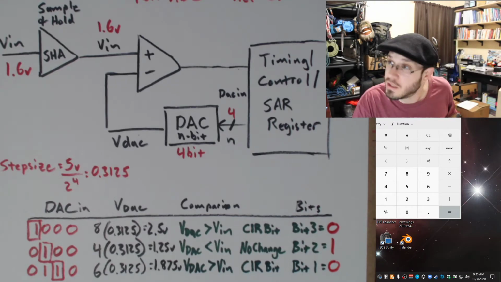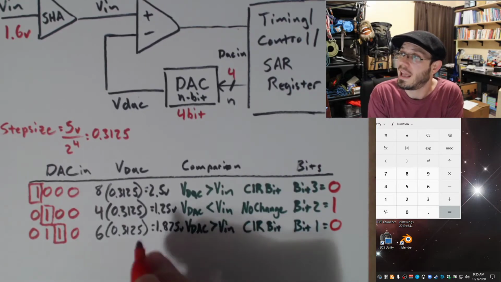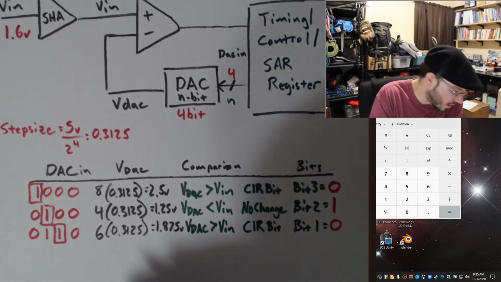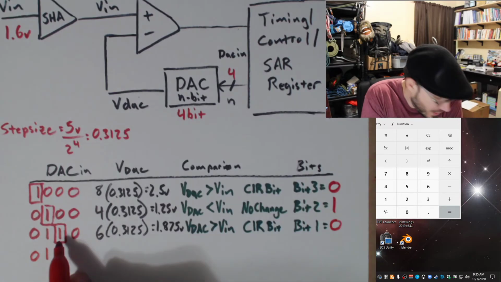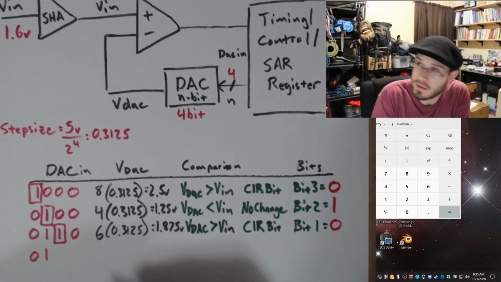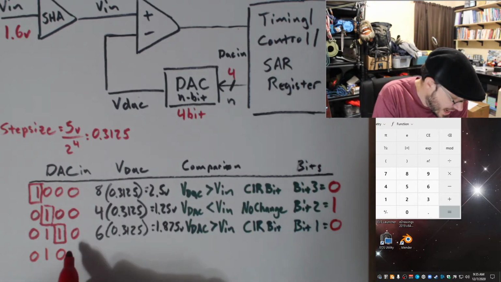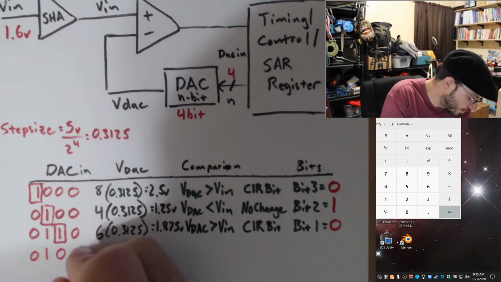Okay, so now we're going on to the last iteration. We're going to set the least significant bit over here. So we're at 0, 1. Remember that this bit got cleared, so it is now 0. And we're going to set the least significant bit now.